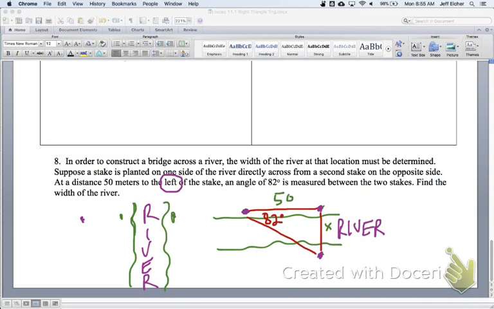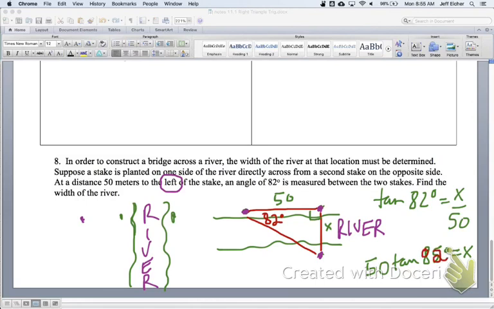It looks like we would use the tangent ratio. Tangent of 82 degrees equals x over 50. So we'd have 50 times tangent 82 degrees equals x. So our final answer for the lesson, 50 times tangent 85, whoops, caught that mistake, didn't I?